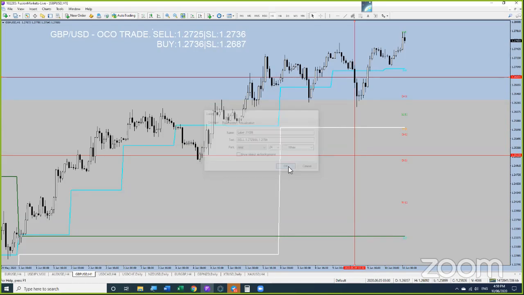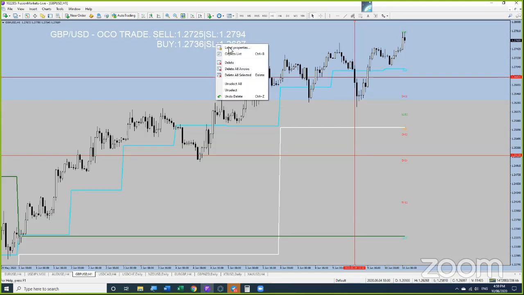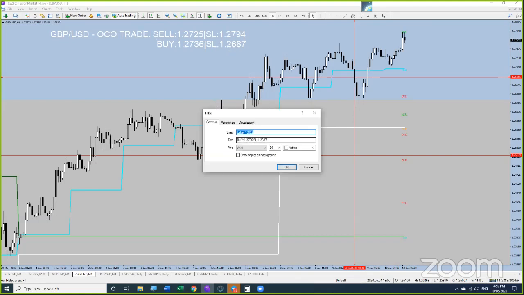And of course, we reverse that for the long. So the buy becomes 127.94. These are yesterday's numbers, by the way, if you've just joined us and don't know what's going on. And the stop loss for the buy is 127.25.